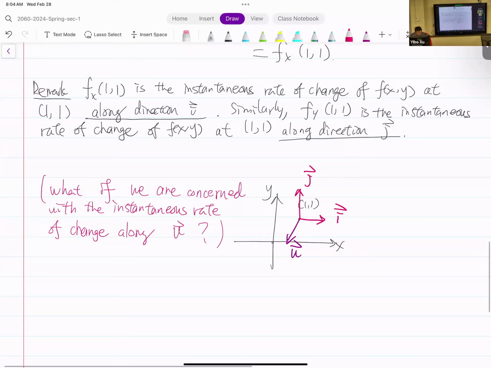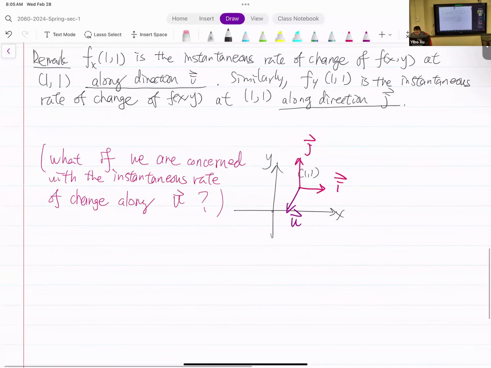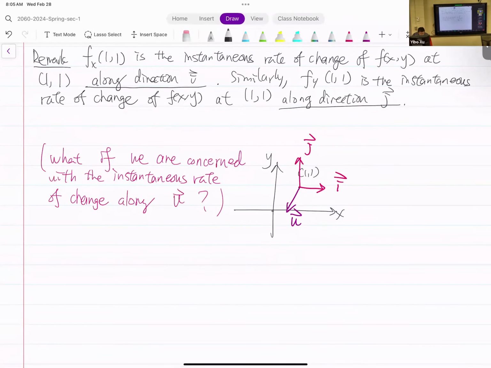So this is the question we have in mind. And then we just do the exact same kind of analysis following. So basically, we do the change along the direction where we move along that direction by, let's say, h units. And then we just analyze. Okay. What will be the instantaneous rate of change?